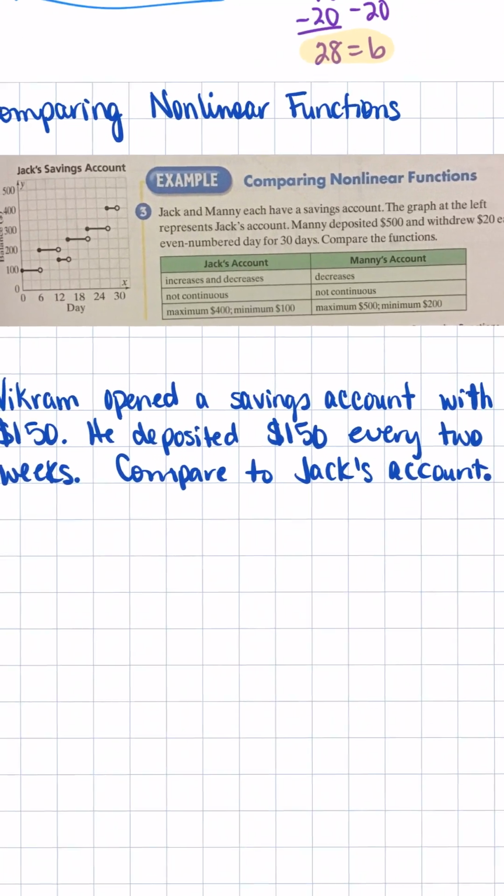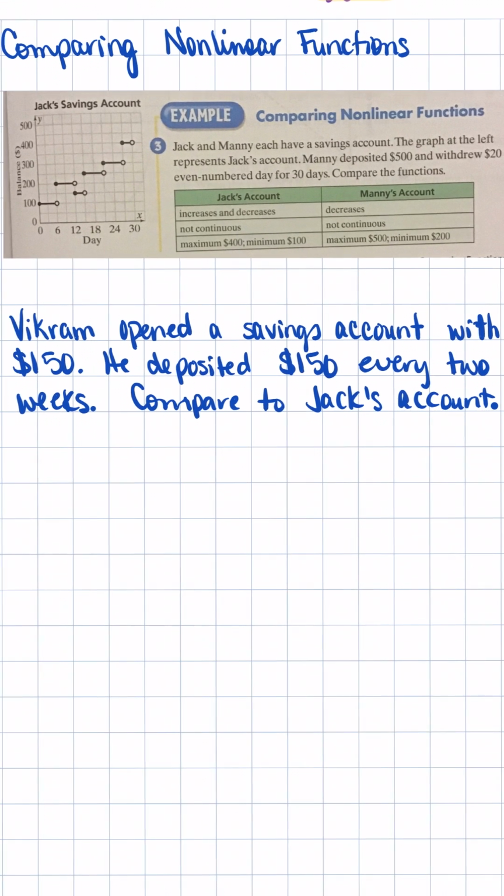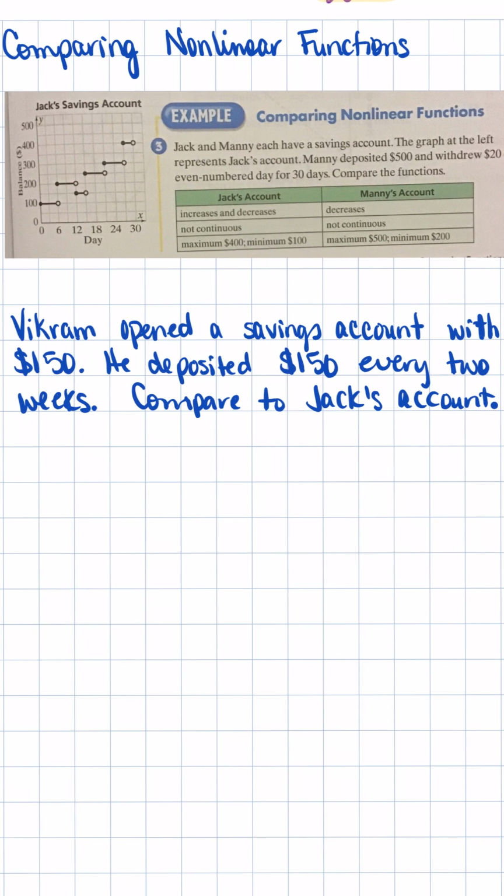So Steve's scooter rental has the greater initial cost. Now let's look at comparing nonlinear functions. So Jack and Manny each have a savings account. The graph at the left, so this graph here, represents Jack's account.